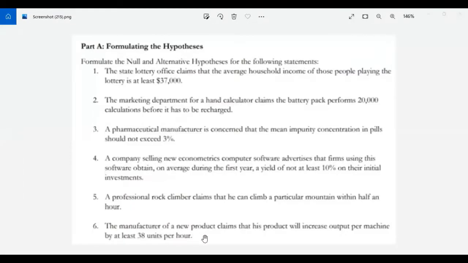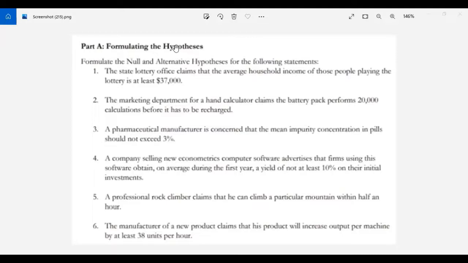The manufacturer of a new product claims that his product will increase output per machine by at least 38 units per hour. Any answer?